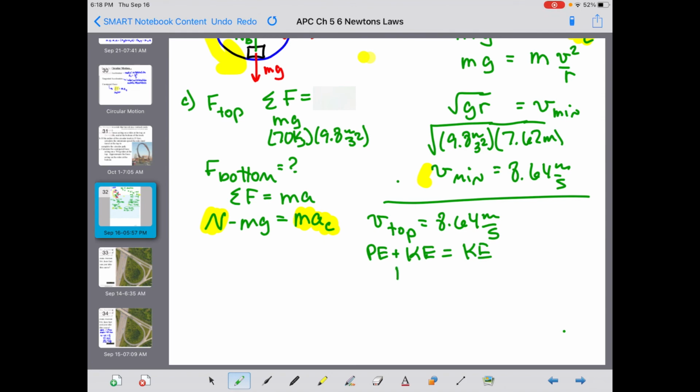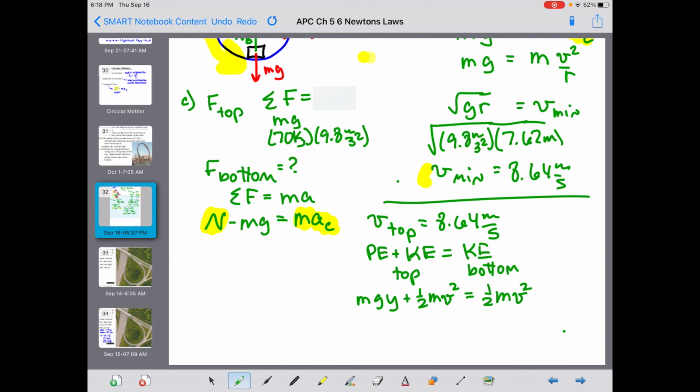So we're at the top here, and we're at the bottom here. If we use conservation of energy, recalling that from last year, or you could approximate this also using a motion equation, then we would go mgy plus 1/2 mv squared, that's at the top, equals 1/2 mv squared at the bottom.